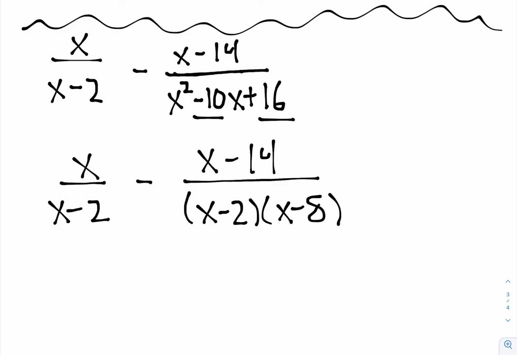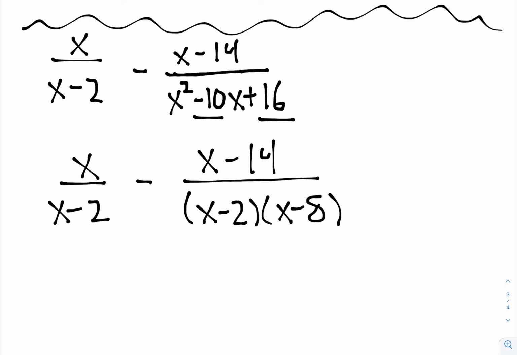Okay, and then the next thing we have to ask ourselves is if we want to combine these two fractions, right, we want to make them one, these two rational expressions, how can we do that? Well, the common denominator has to be there, right? We can't just subtract x minus 14 from x because this only has an x minus 2. Well, this has x minus 2 times x minus 8.